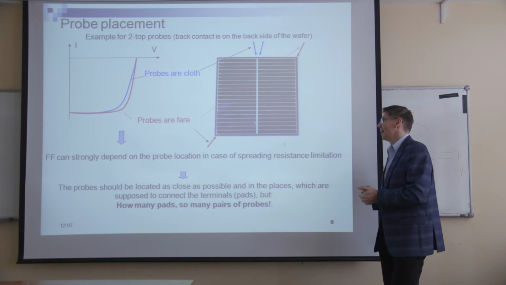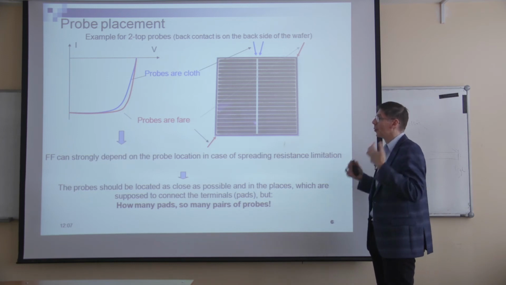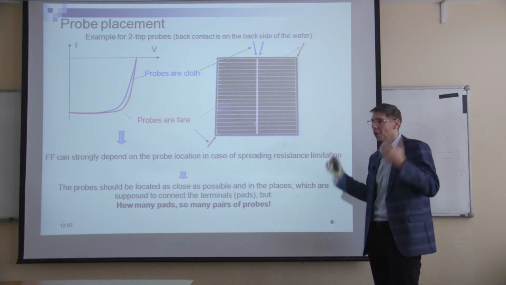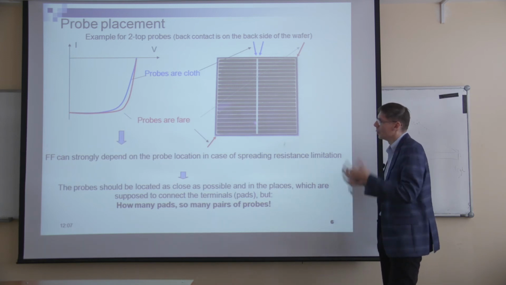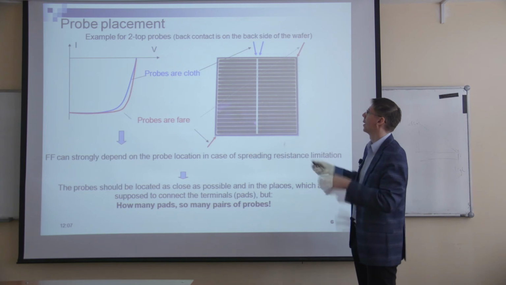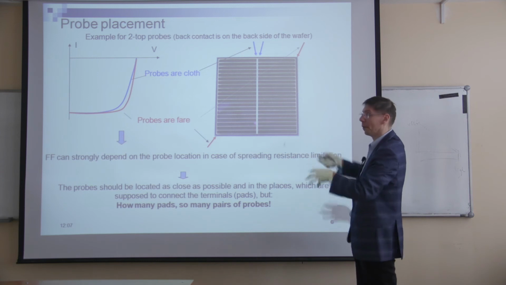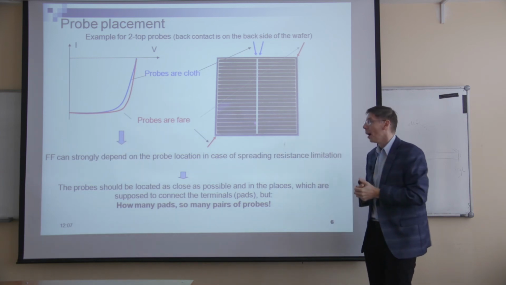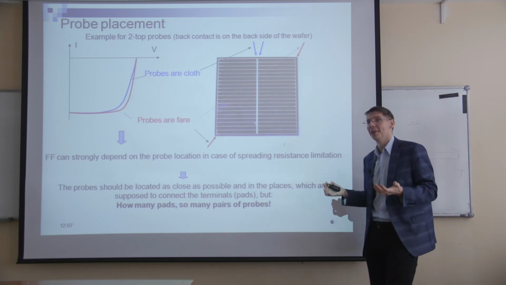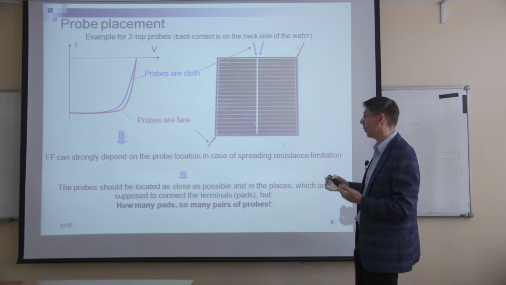It seems to be quite simple, quite strict. But actually, it's simple and clear if you already know about your module design. If you are thinking about some industrial scale, if you know that your cells are designed to be placed in the module, and you know exactly where you will contact them to connect one wafer with another wafer, etc. But if you are at some scientific, laboratory level, you have some kind of flexibility.